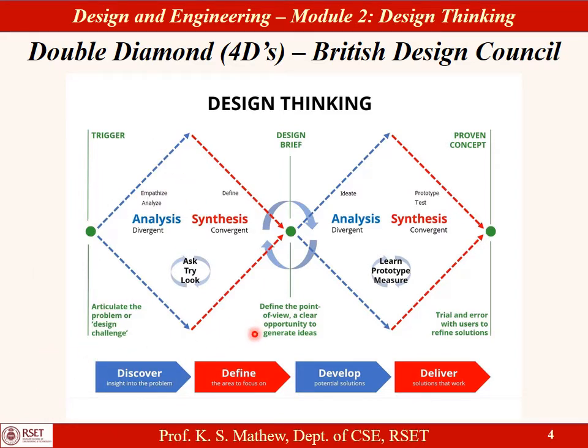Then define the problem and decide which problems you are trying to address at this point of time. Develop the concept for solving the problem, coming up with multiple alternative concepts. Then finally choose the best solution or concept, prototype it, test and fine-tune the solution, and finally deliver the solution.